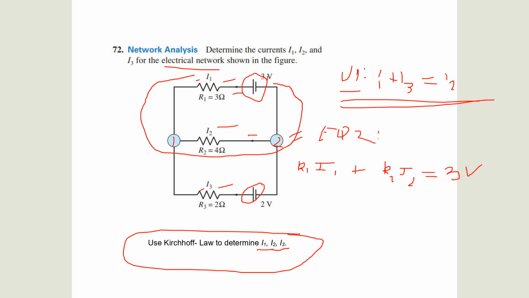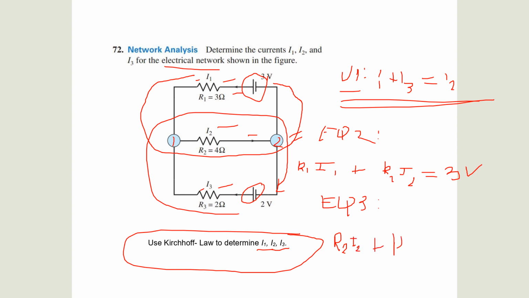And we need to get also equation 3. So let's observe the direction. I sub 3 and I sub 2 are moving towards the second battery. So it means R sub 2 times I sub 2 plus R sub 3 times I sub 3 is equal to how many volts? 2 volts.